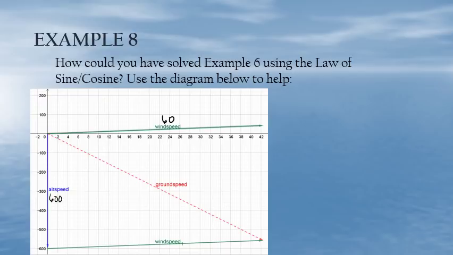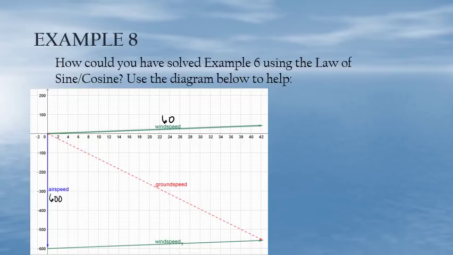The question was to find the ground speed. The ultimate question was to find the actual speed and the direction of the ground speed. So we're going to look at this from the perspective of how we add vectors. On one of the first slides, I talked about the fact that if you want to add vectors, which is really what we want to do here, we want to take airspeed and add it to wind speed.